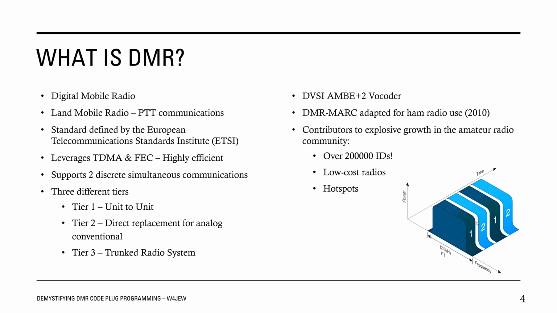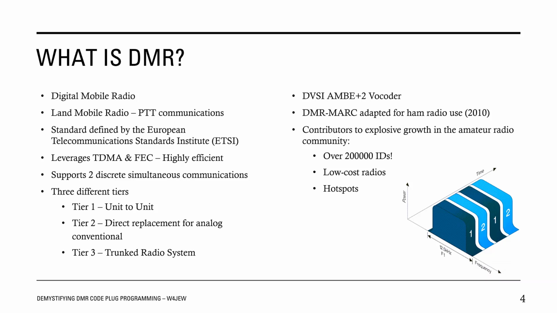Look over here on the right-hand side and you'll see this little 1, 2, 1, 2, 1, 2. Basically, you have a 12.5K band or channel that is logically grouped into two time slots, time slot 1 and time slot 2.